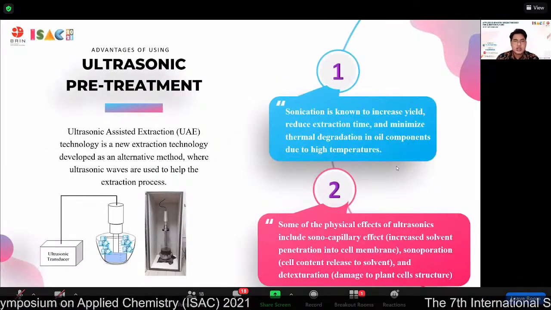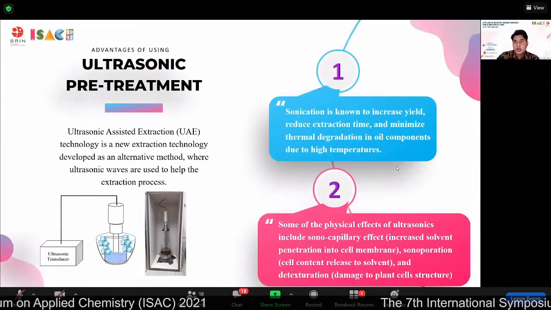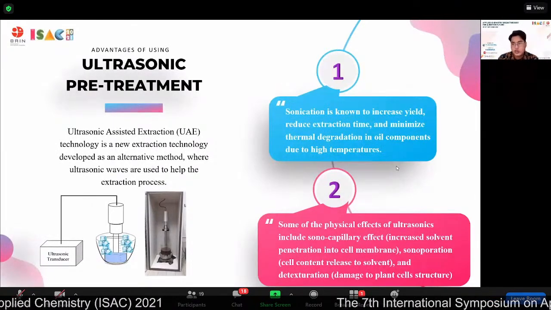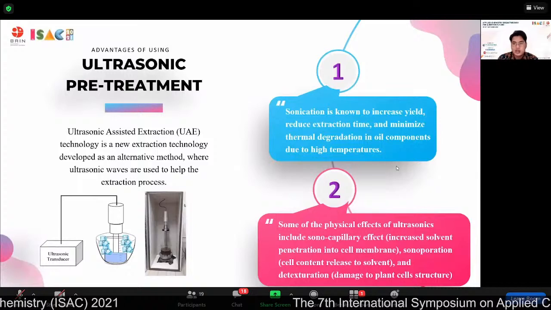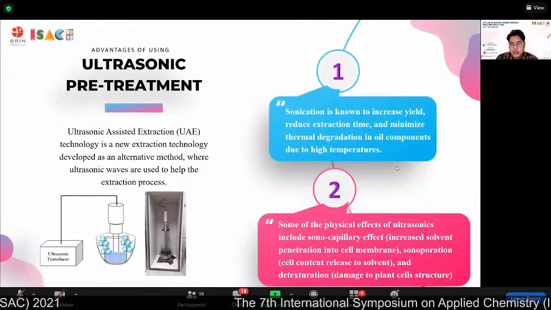In this research, we use ultrasonic as pretreatment, known as ultrasonic assisted extraction. This is a new extraction technology developed as an alternative method where ultrasonic waves are used to help the extraction process. There are some advantages of using ultrasonic pretreatment, like increasing yield, reducing extraction time, and minimizing thermal degradation in oil components due to high temperature.